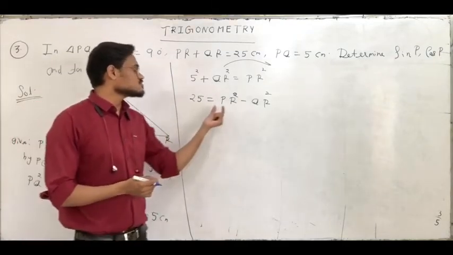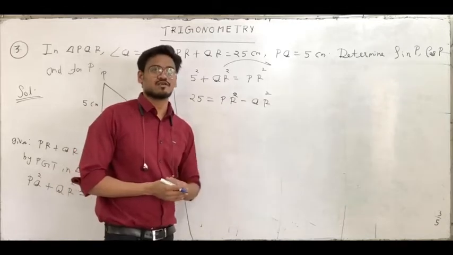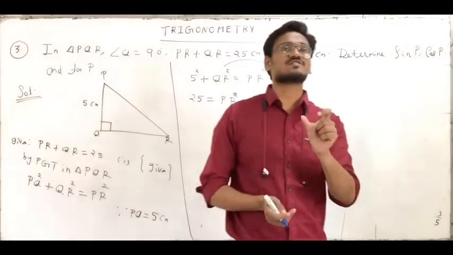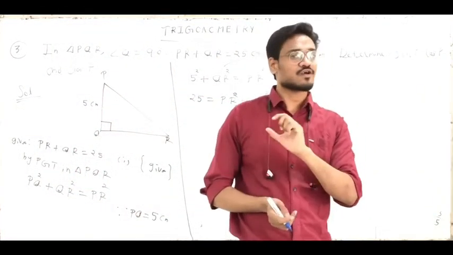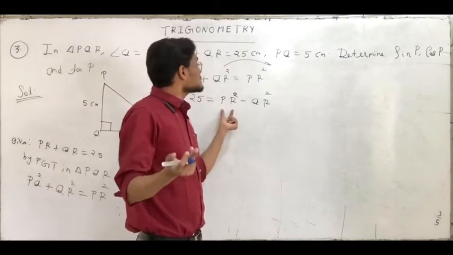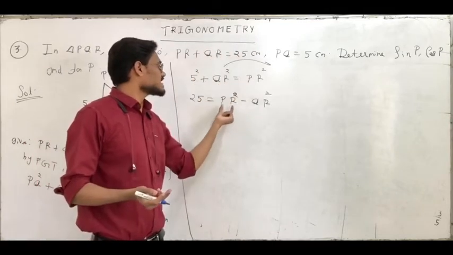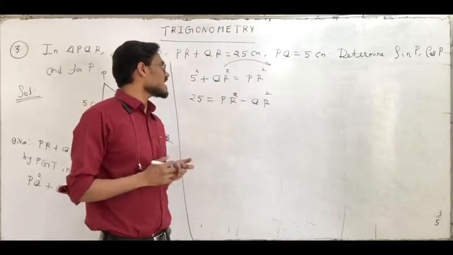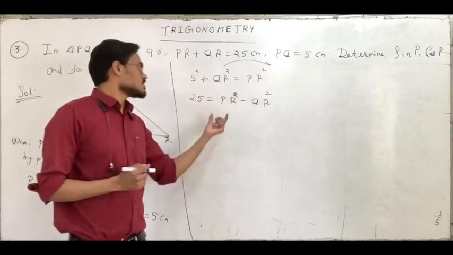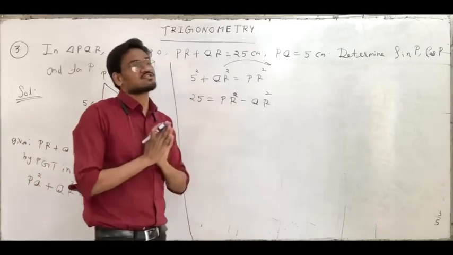If I use identity, it will be PR plus QR and PR minus QR. You remember the identity of A square minus B square, it is always A plus B, A minus B. Okay, so yes, I can use it, or the other way is, if you substitute the PR in terms of QR, I can write in the place of PR 25 minus QR. Then also the equation will be only in the terms of QR, and you can easily solve for QR.